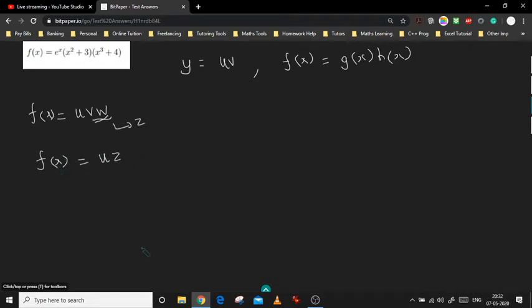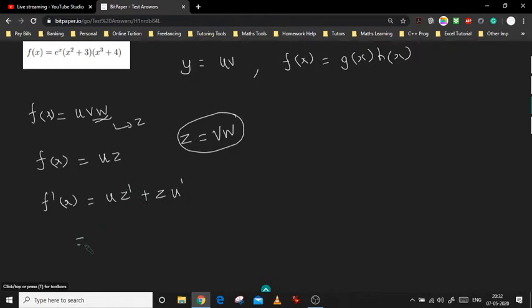Now I can apply the product rule, considering this as two functions, that is f dash of x is equal to u times z dash plus z times u dash, where z is equal to v and w. So we know how to differentiate this one, so we just have to substitute here.